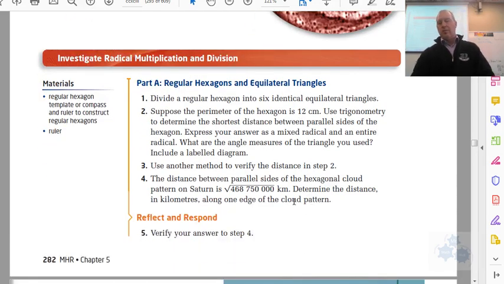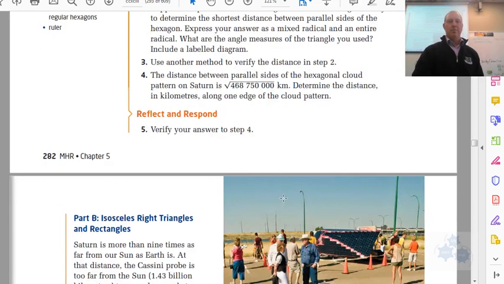Even with a square, we did a question just a few minutes ago about a diagonal in a square. When you're trying to find a diagonal in a square, you have to use Pythagoras' theorem, and sometimes you end up with a square root or a radical. Anyways, they're talking about distances between points in this cloud, and it's expressed as a radical.